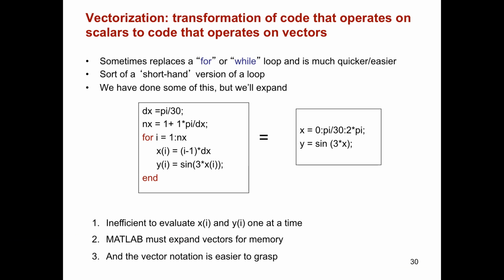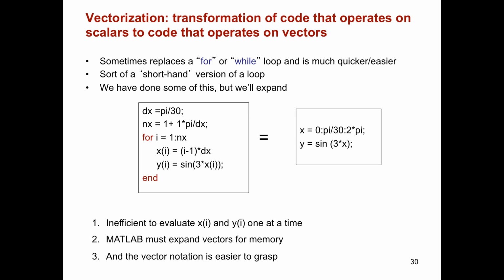So I would start from 0, because my initial value here would be 0 times dx. Then after that, 1 times dx, 2 times dx, and so forth. So those would be my x's. And then at every step I would also compute the corresponding y, which is sine of 3x.